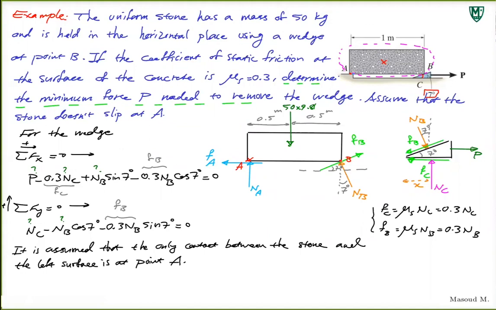If it was a surface-to-surface contact, we didn't even know where that is. But for the sake of argument, this problem says it's a point contact. So you know exactly where NA is.